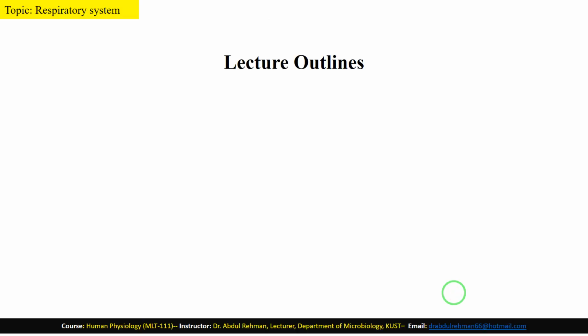Lecture outlines. Today, we will discuss the transport of oxygen and carbon dioxide in blood and body fluid, because blood contains red blood cells that contain proteins hemoglobin, which is responsible for transport of oxygen and carbon dioxide.